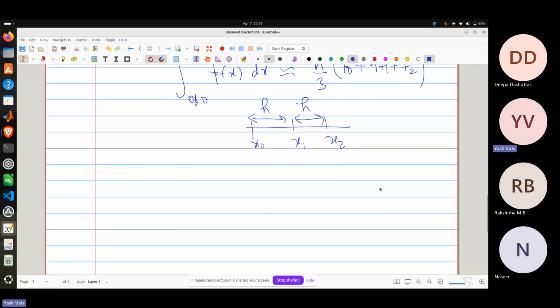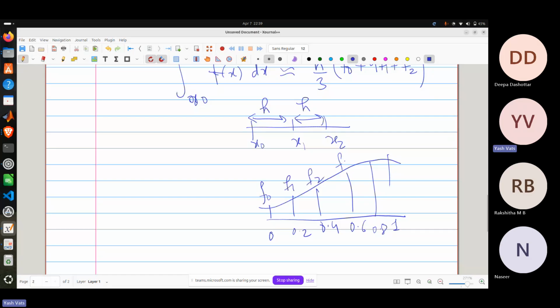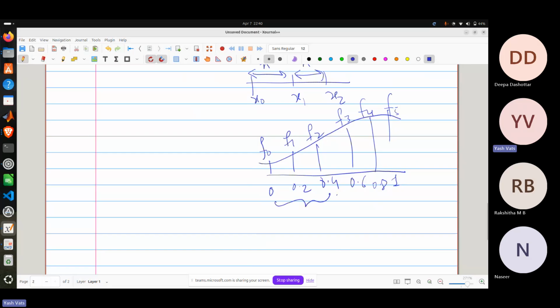But if you are going to approximate your function over, again, the same way I explained, 0 to 1, say, then you have 0.2, 0.4, 0.6, 0.8, and f0, f1, f2, f3, f4, f5. Then you apply Simpson's rule over here, here. You cannot apply over here, so you just leave it blank. But if the question says so, then you need to go till 1.2 to apply it. So it needs actually an even number of intervals.